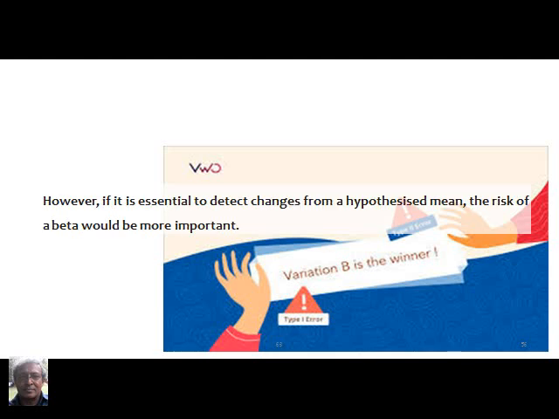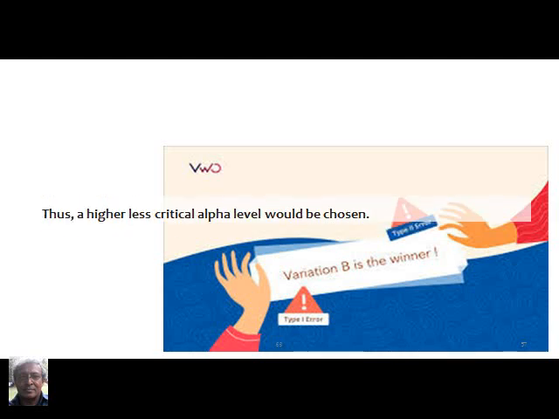However, if it is essential to detect changes from a hypothesized mean, the risk of a beta would be more important. Thus, a higher, less critical alpha level would be chosen.